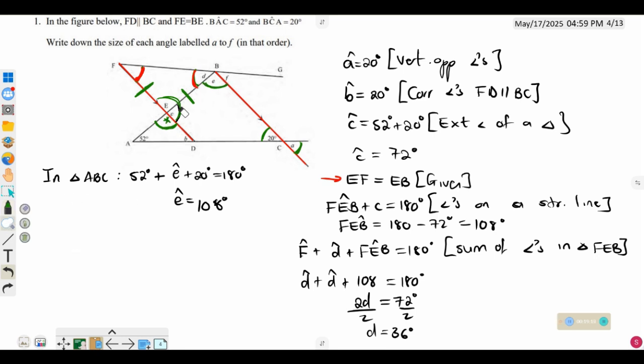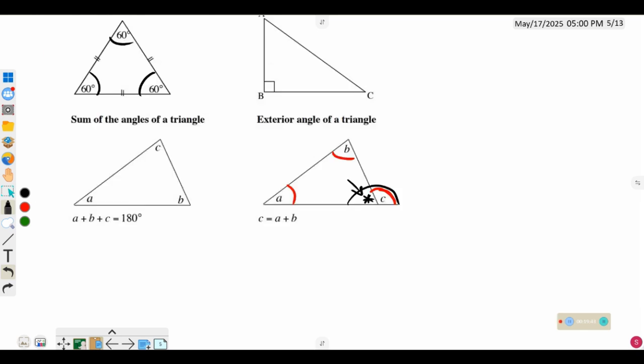Okay, now moving on, we need to find F. By default, for F you will use a straight line because you now have D and E. So angle F will be equal to 180 degrees minus 108 degrees for E, minus 36 degrees for D. And this is angles on a straight line. Then you find whatever you find right there. Okay, so that's how you apply this.